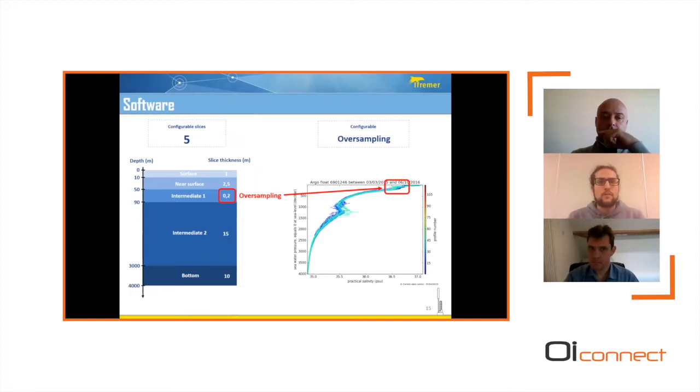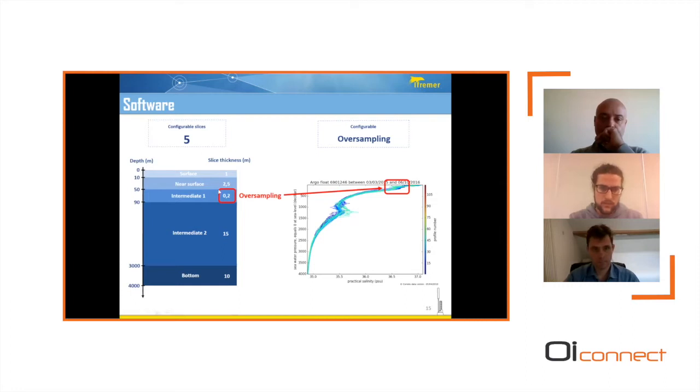If we take a look at the software aspects, there are 5 configurable slices that will allow the user to choose to oversample up to 0.2 meters for a dedicated thickness of the water column. On that slide, on the left side, that's what we plan to do for the first profiles of the 2 prototypes.